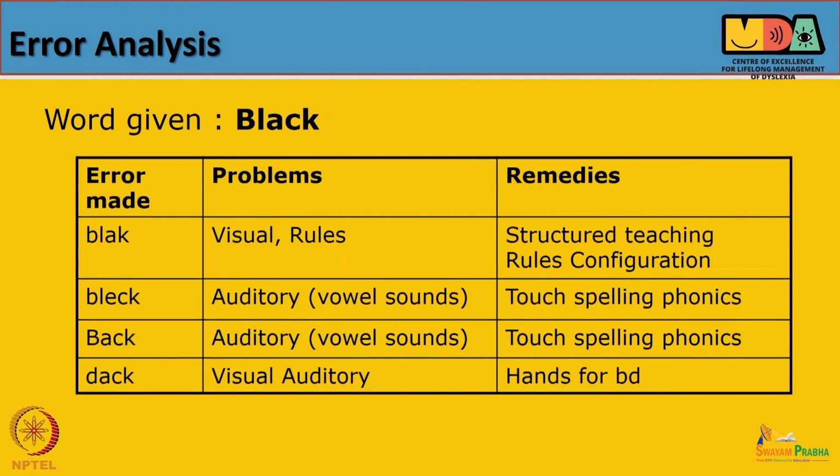Again, teach him blends. Teach him that blends are 2 sounds but 1 unit. They are one team. You can hear both the sounds, but they are one team. So he has to pay attention to the listening skills. So a lot more exercise on listening skills will help this child.